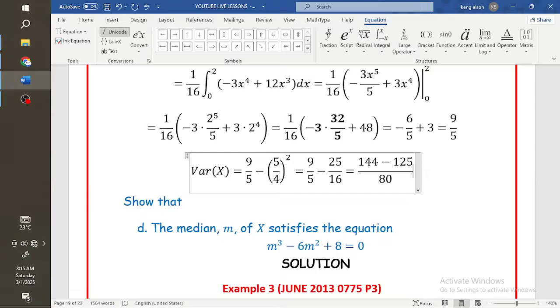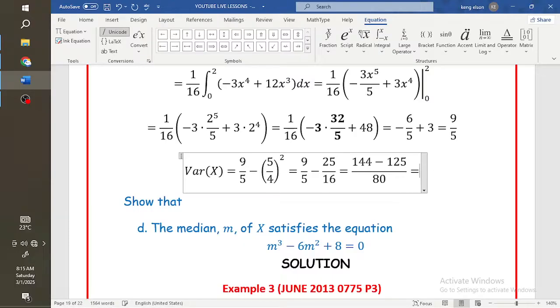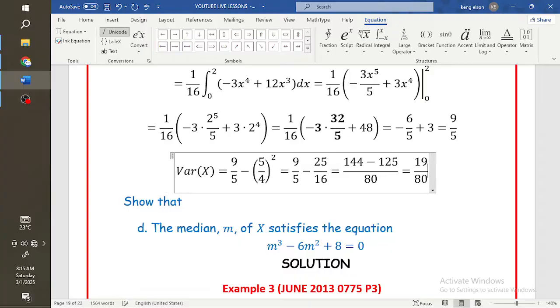So at the end of the day, we are going to have 144 minus 125, which is 19. So you are going to have 19 divided by 80. So that is my variance.